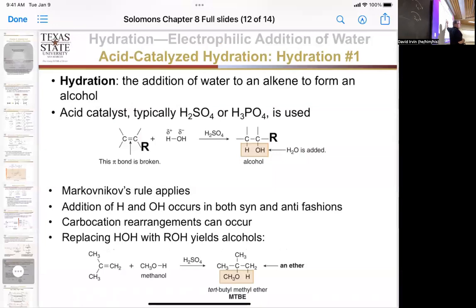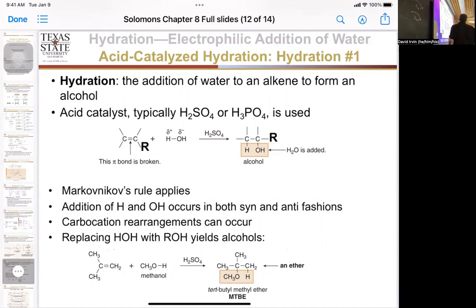This has the electrons, so that makes the hydronium ion, or the hydrogen, the electrophile. It's partially positive. This has extra electrons, this is partially positive. So this is our electrophile, this is our nucleophile. So alkenes are nucleophiles.